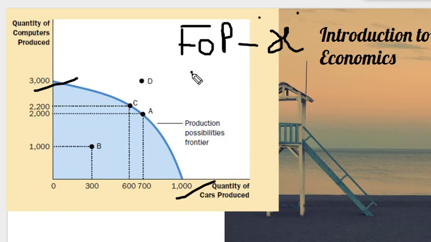Essentially, this is the idea of trade-off, that there is a trade-off between what you can produce. Just like there is a trade-off between what you can consume with a limited income, there is also a trade-off between what you can produce and what you can't produce. So what do you have to give up in order to get something else?